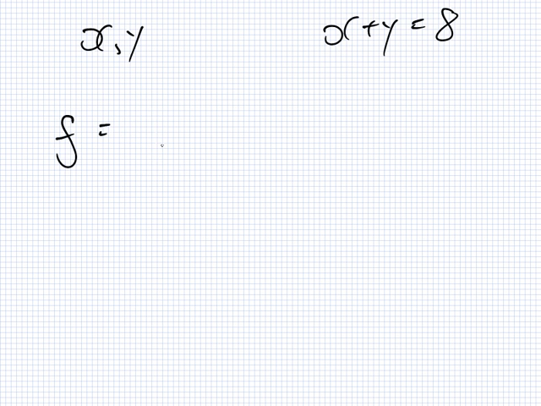Right, so we'll have the two numbers as x and y. And what's their constraint here? x plus y has to equal 8. And what is the thing that you want the maximum of? You want the maximum of their product multiplied by x minus y. Now what's the small problem here?